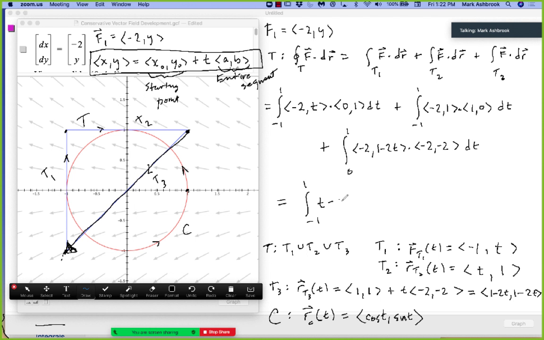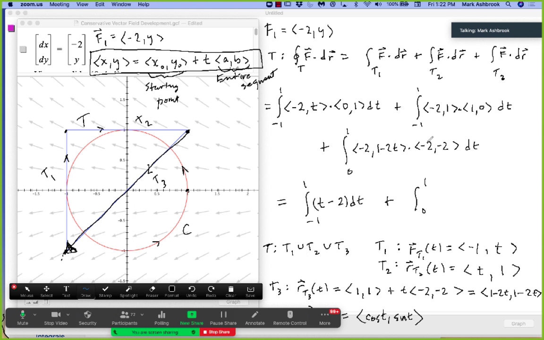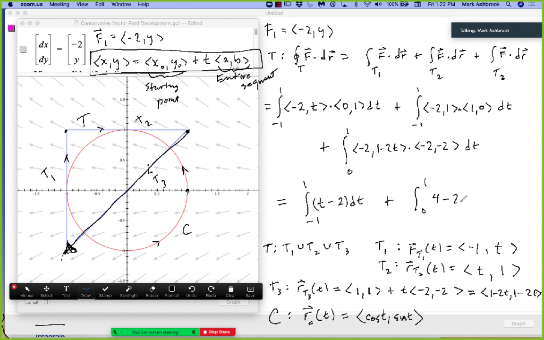So we can do t minus 2 dt. That combines the first two integrals. Dot product is t, dot product is -2. Plus that last integral is 0 to 1. It looks like 4 minus 2 plus 4t.